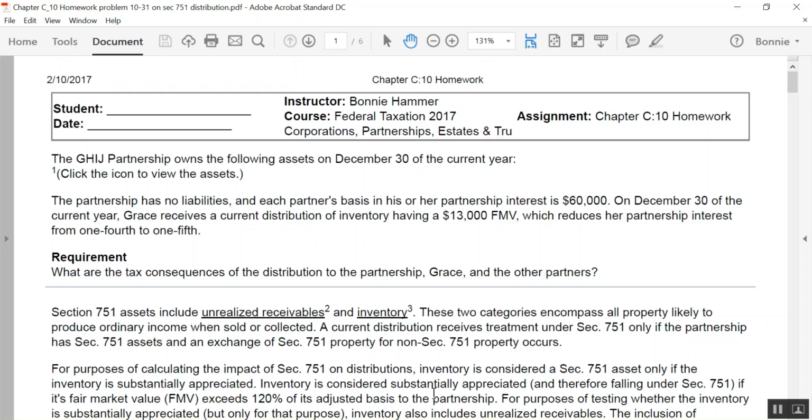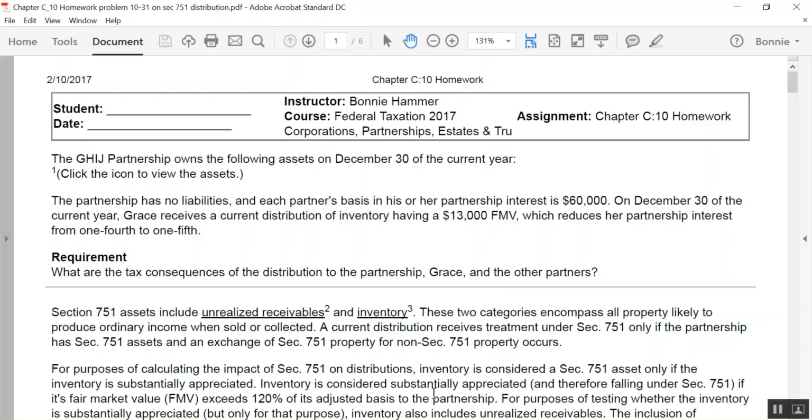And also, it has to be a distribution that's disproportionate, not proportionate to all of the partners, where one partner is getting diluted as a result of the distribution, so their partnership interest is going down from, say, 25% to 20%. Otherwise you can't have this situation occur.